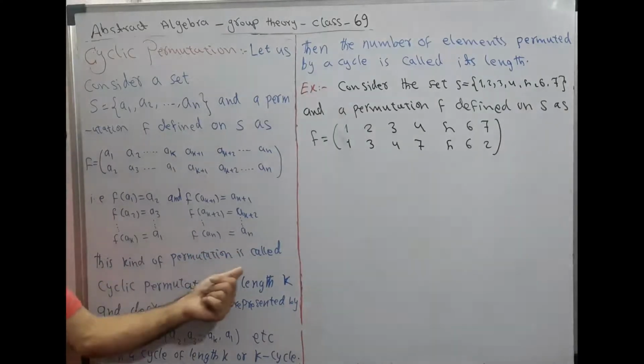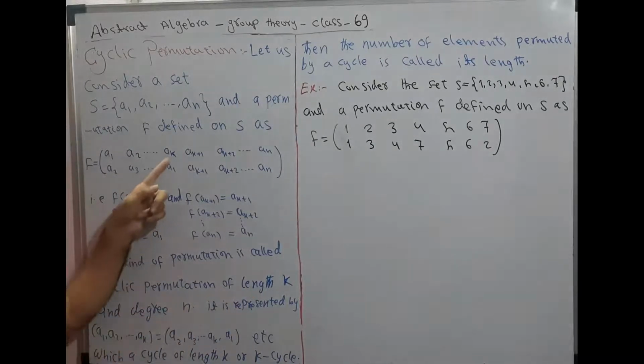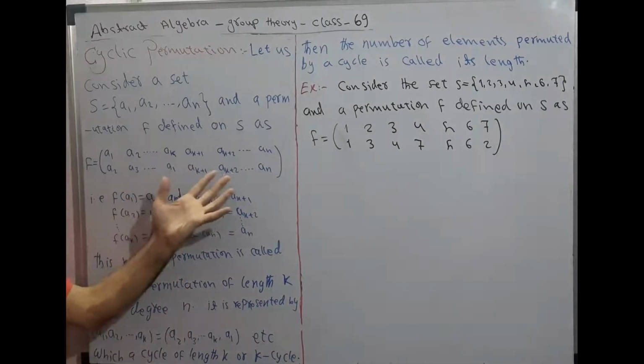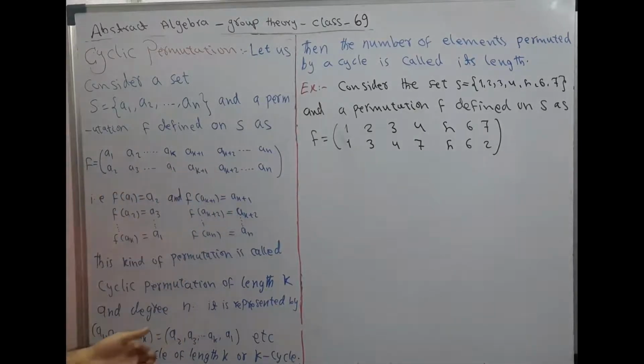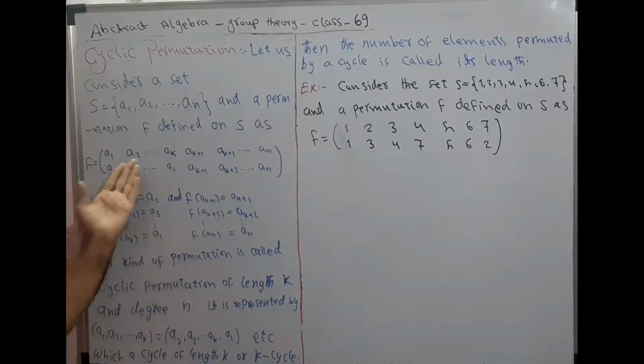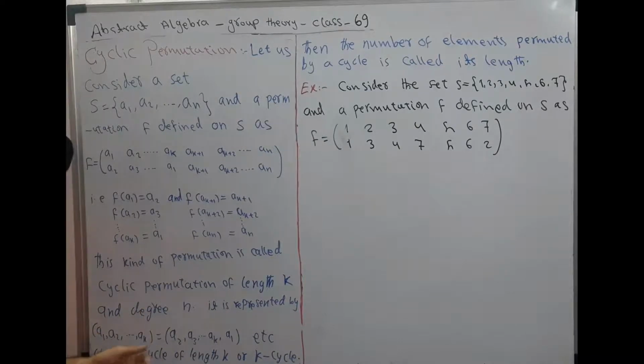This kind of permutation is called a cyclic permutation of length k and degree n. How many elements do we have? We have n elements, so the degree of the permutation is n, and the length of the permutation is k. It is represented by (a1 a2 and so on ak).